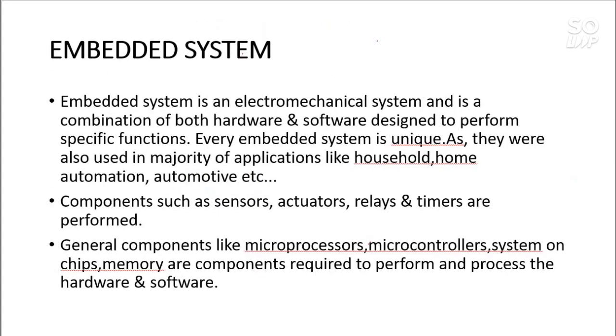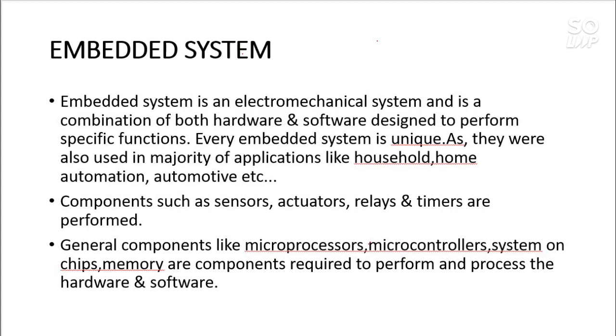And coming to the embedded system, it is an electromechanical system and is used to perform both hardware and software design functions. And every embedded system will be unique as the interfaces, like the type of interfacing, and it has several other components like sensors, actuators, timers, memory, and several other things like application domain specific.